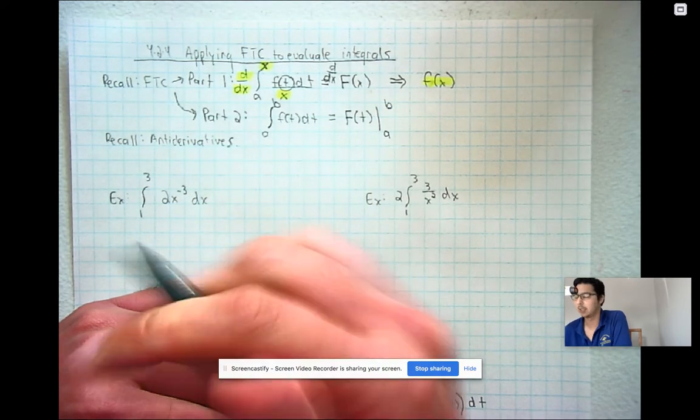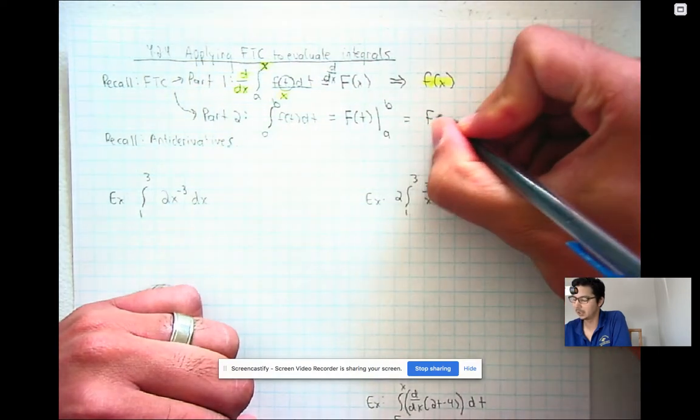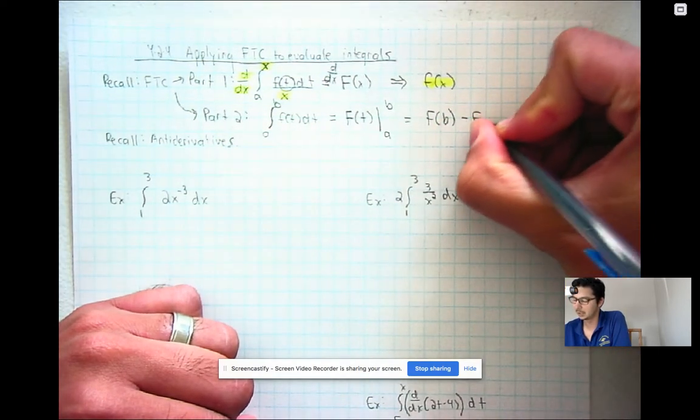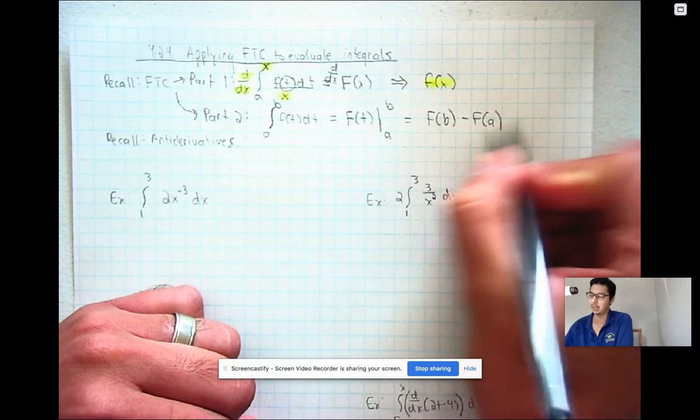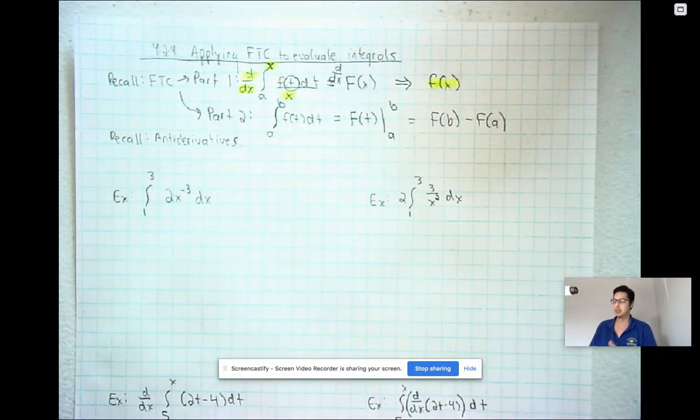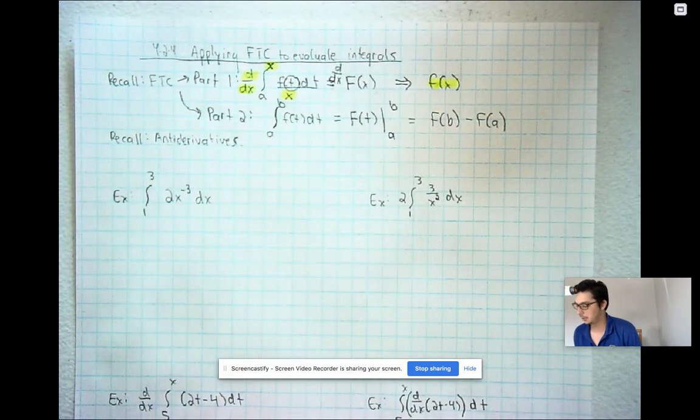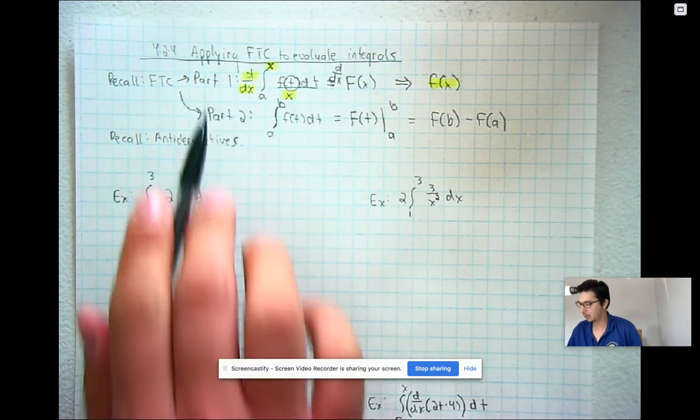This will give you the antiderivative at b minus the antiderivative at a, and that will give you the area under the curve of the function f of t on that domain. Okay, so those are the two parts.